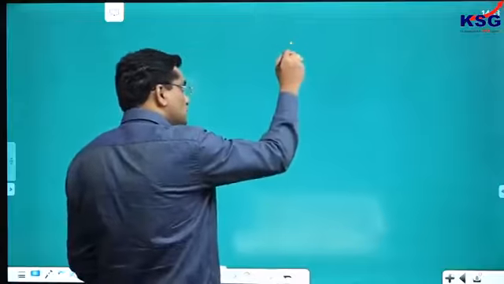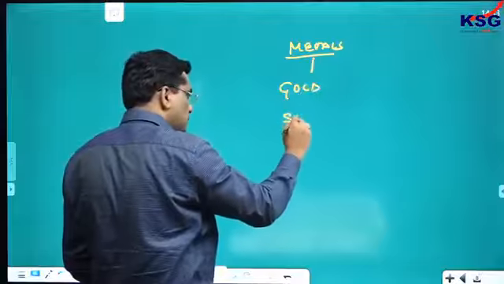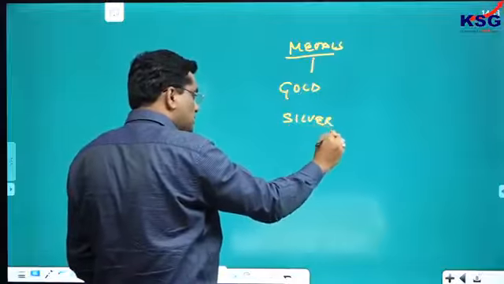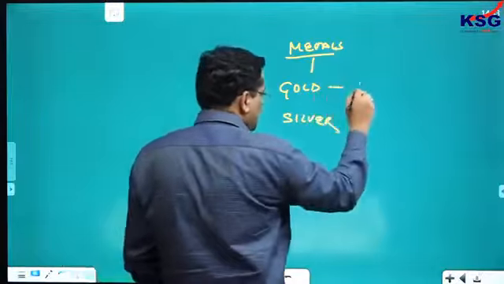They knew metals, plenty of metals, but mainly gold and silver were known to them as a medium of exchange. Gold was called Nisk and silver was called Satman.